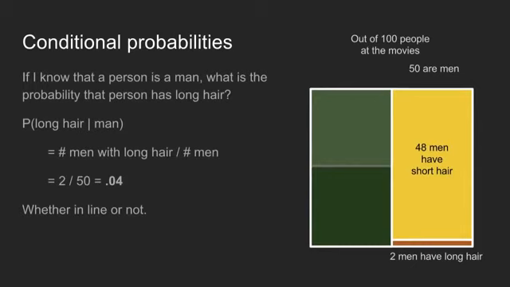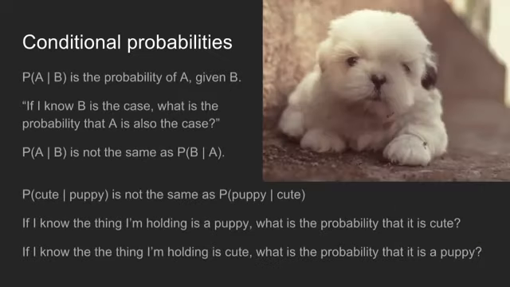We can do the same thing with men. Probability that someone has long hair given that they're a man is 4%. So conditional probabilities, if I know that B is the case, what's the probability that A is also the case? You can't reverse B and A and have this be true. So for instance, if I know that the thing I'm holding is a puppy, what's the probability that it's cute?